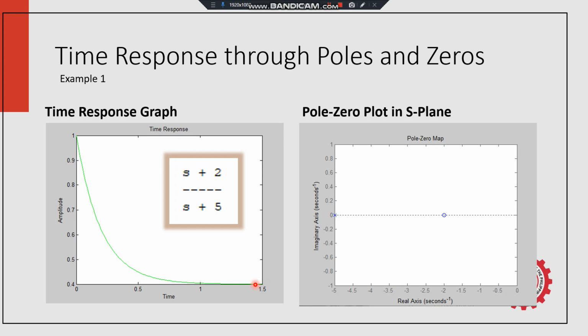Note that our input is a step, and we expect also a step response at the output of the system. Now, our output is still a step response, but notice that it's inverted. It is an inverted step response.